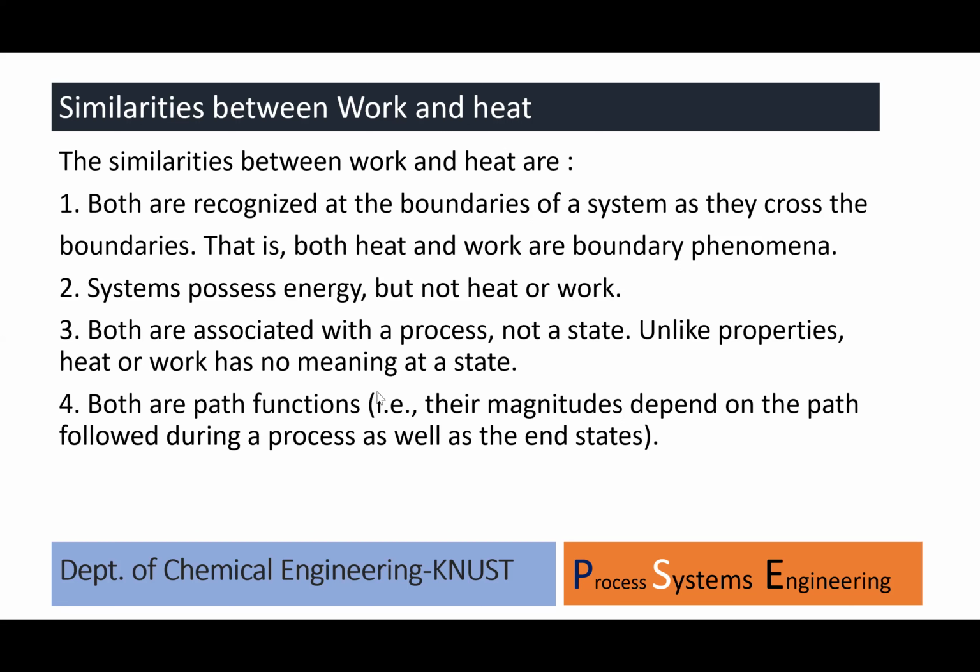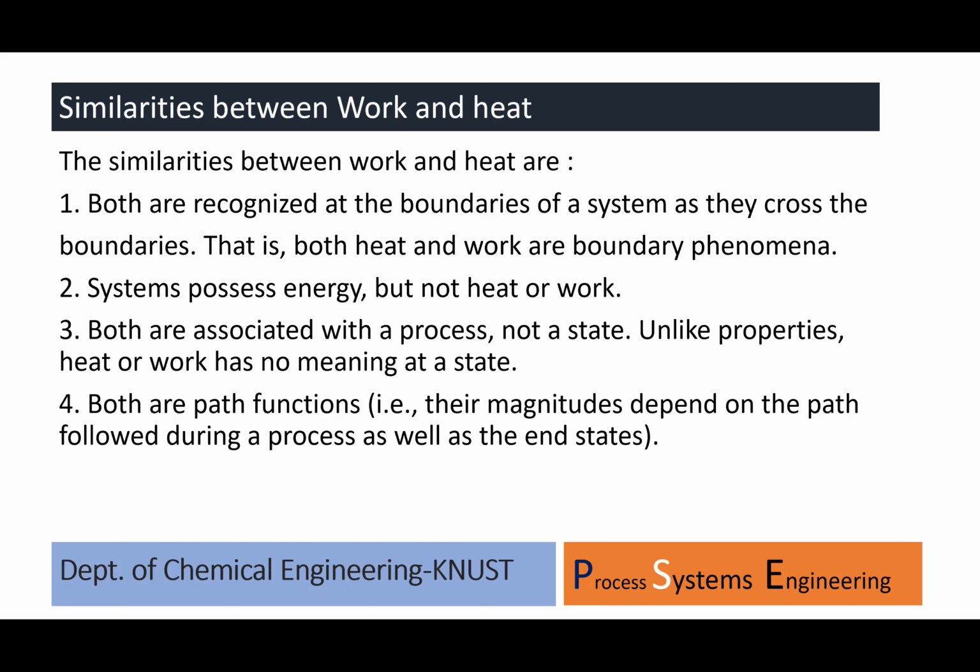So their size will depend on the path that you are going to take. So for example, somebody wants to heat water from 25 degrees Celsius and then end at 100 degrees Celsius. But then the person first starts at 25 and then overheats it to maybe 150 and then now comes back to cool it and it drops to maybe 90 and then he heats it again to 100. Another person heats it from 25 directly to 100. Realize that one person has put in more energy compared to the other.